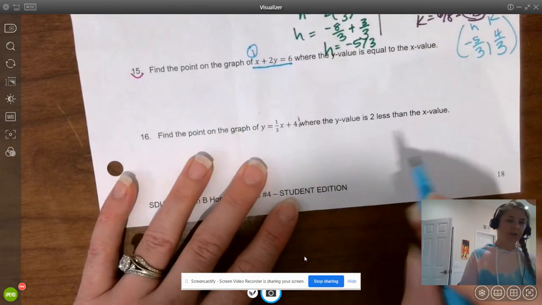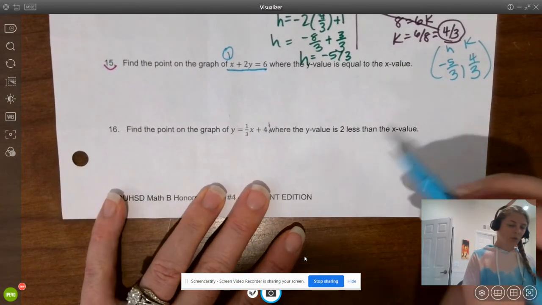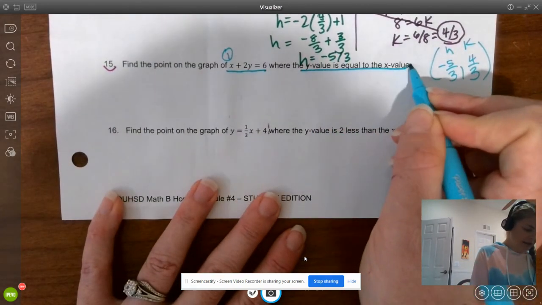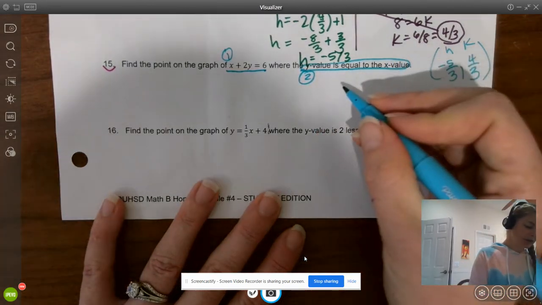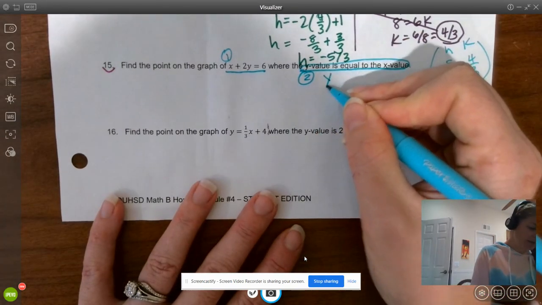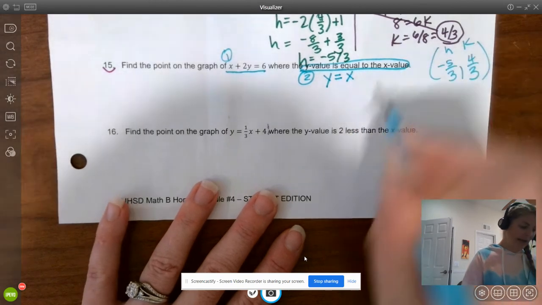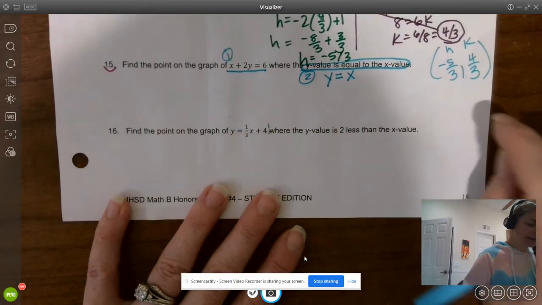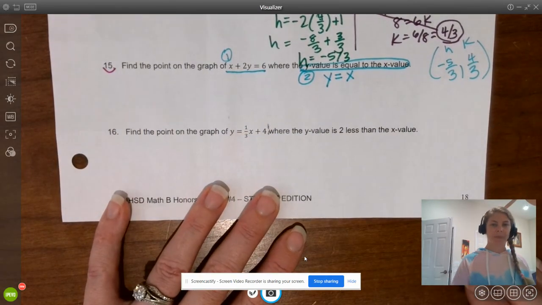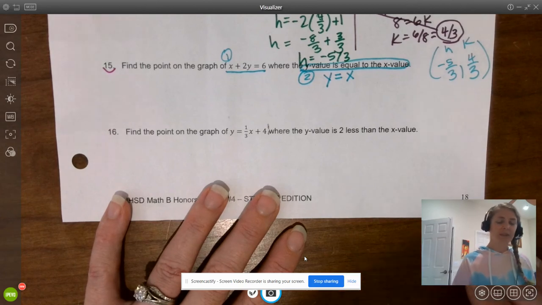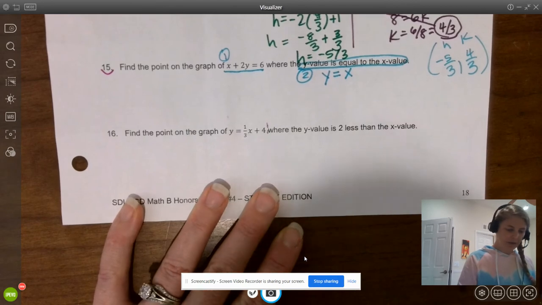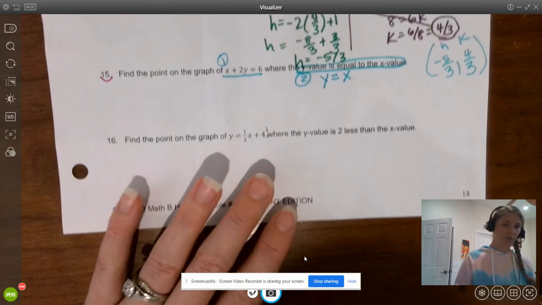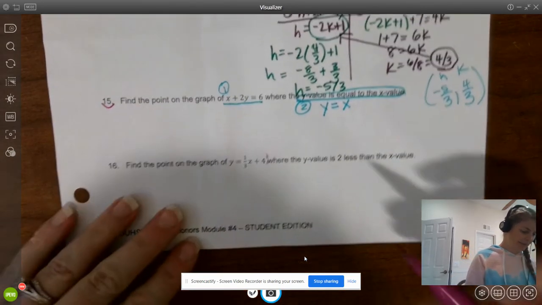So that's our first equation in the system, where the y value is equal to the x value. And this is our second equation in the system. So where it says the y value is equal to the x value, that means their equation is y equals x. And if we want to find the point of intersection where they're equal, that means we are just solving our system.